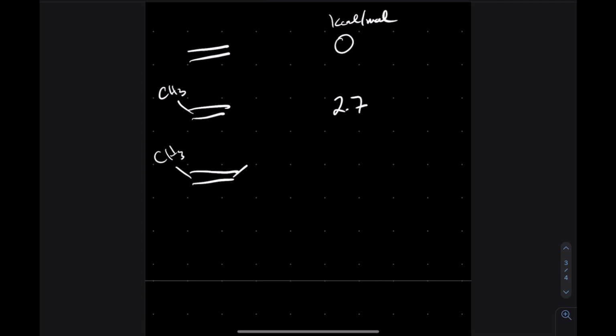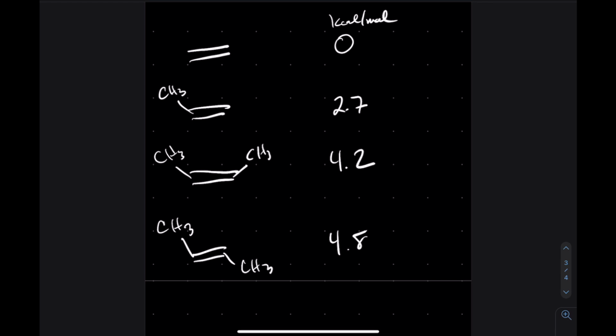Now, I had said cis is going to be less stable because of sterics, but that does, over the single substitution, increase stability 4.2. All right, so this is an increase of 4.2 kcals per mole from these two. Now, if I draw the other substitution, the trans substitution, CH3, that actually increases it because we get rid of that steric issue to 4.8 kcals per mole.